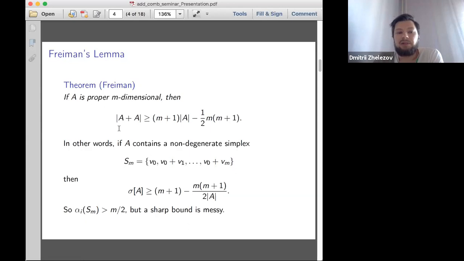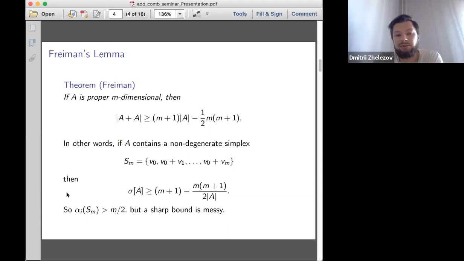But the Freiman lemma just says that if your set is proper dimensional, meaning that it contains a non-degenerate simplex of dimension m, then it has additive doubling at least m, give or take.